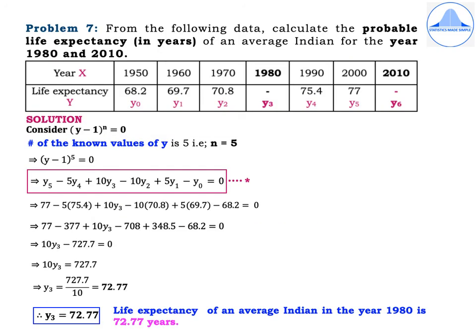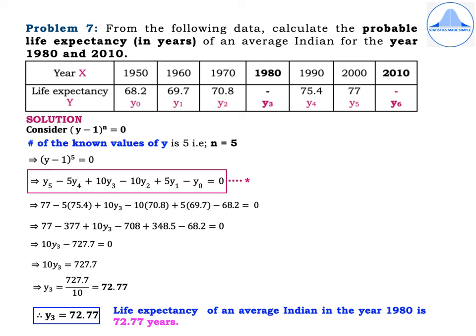Problem 7. From the following data, calculate the probable life expectancy of an average Indian for the year 1980 and 2010. Years are 1950, 1960, 1970, 1980, 1990, 2000, 2010.